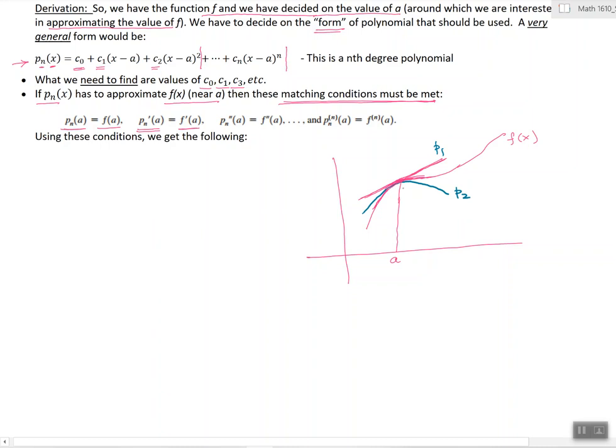So you would want the curvature of the polynomial to match up with the second order derivative of the function. So that is what this is saying. And as you increase the order of the degree of the polynomial, you would match higher and higher derivatives. So we are going to be using these conditions.